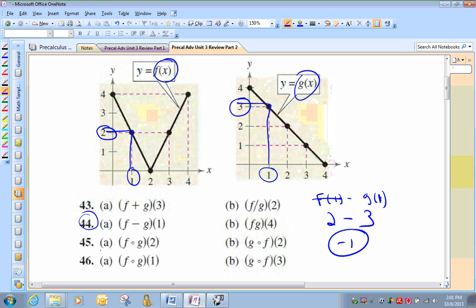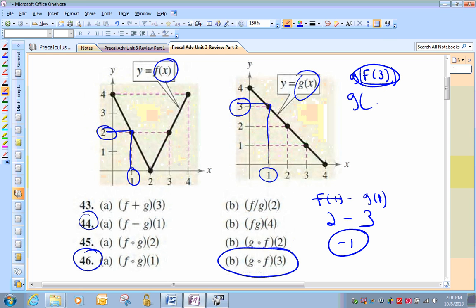All right, the next one I think I'm going to do is 46, g of f. And that should give you enough, and you can practice, and like I said, you can go to your textbook. So if we have g of f of 3, basically, we're going to figure out what f of 3 is first, and then we'll have g of that information.